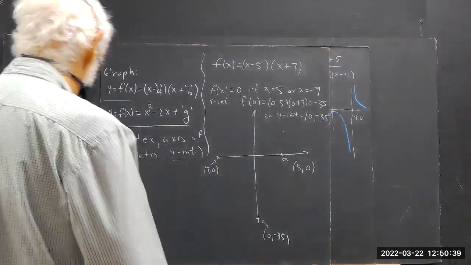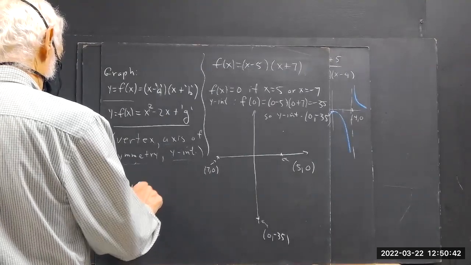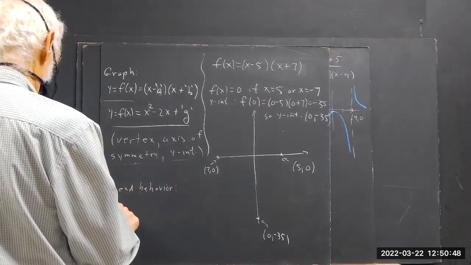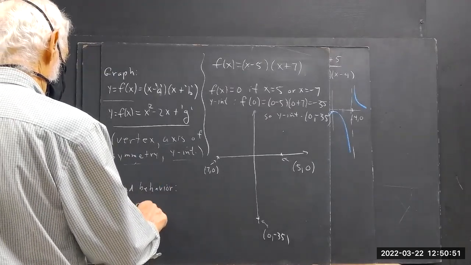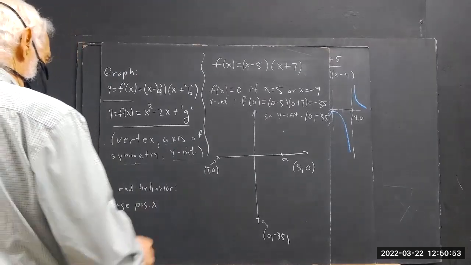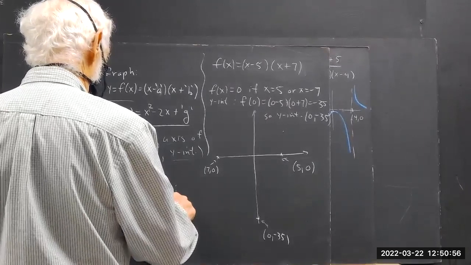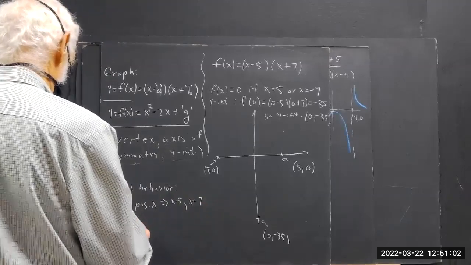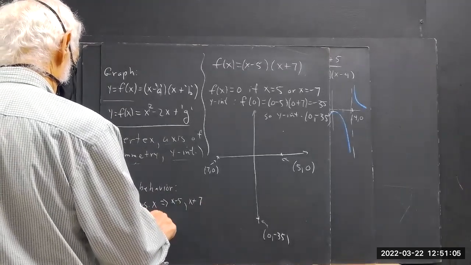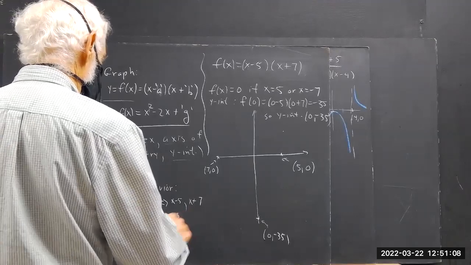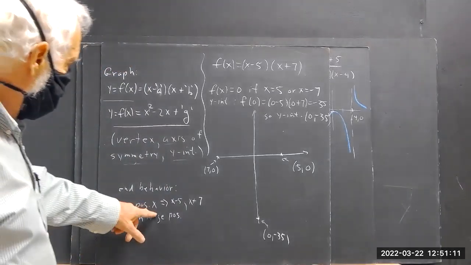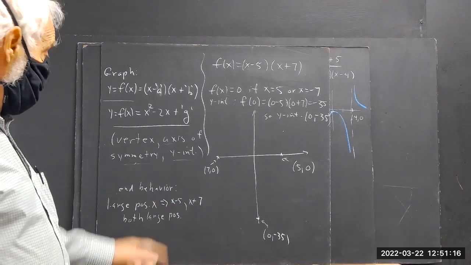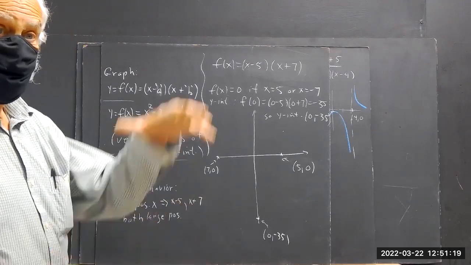If x is a large positive number, then both of these are large positive numbers. 1 billion minus 5 and 1 billion plus 7 are about the same size, right?